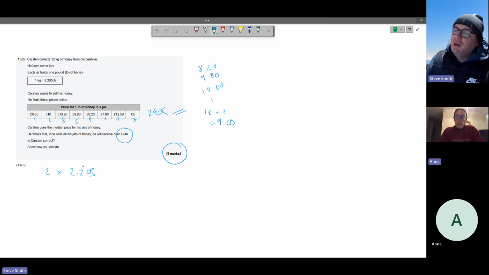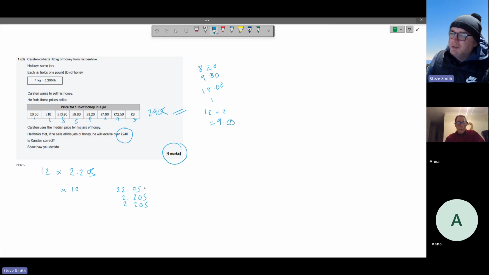2.205. Rather than times it by 12, I'm going to times it by 10. So that jumps, so I've now got 22.05. And then I know that's 1 kilo, so that's now 10 kilos. And I know this is 1 kilo, and this is another kilo, so I've now got 12 kilos.